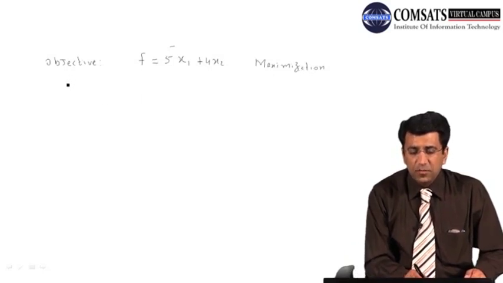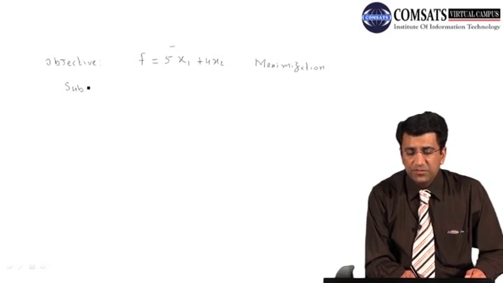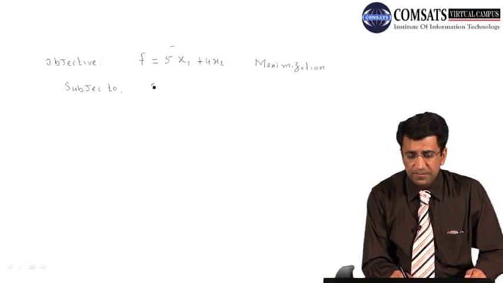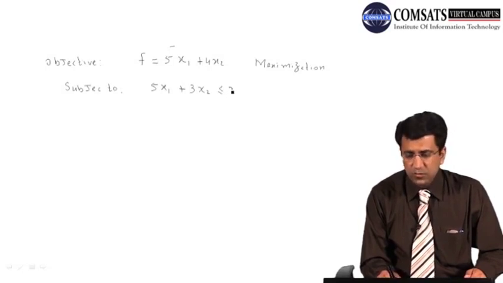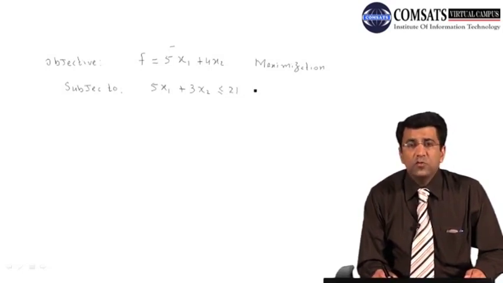Then again, this objective function is subject to the different constraints. Now suppose these constraints are 5x1 plus 3x2 less than or equal to 21. Now suppose class this is our first constraint.